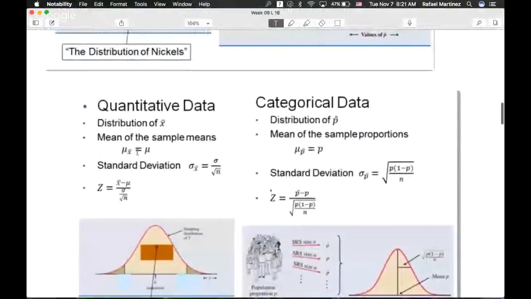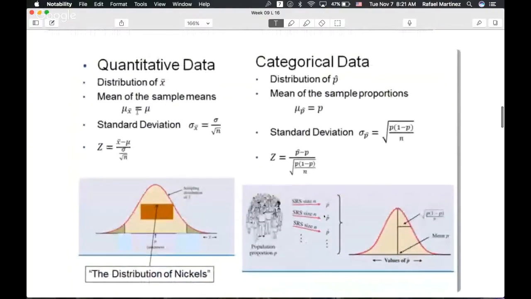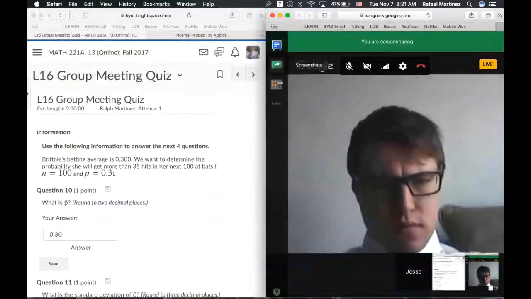See, I was using that equation right there: p hat minus p, over the square root of p times 1 minus p over n. So how do you get p hat then? Would that be 35 or 0.35?